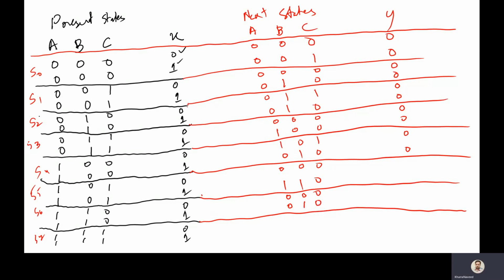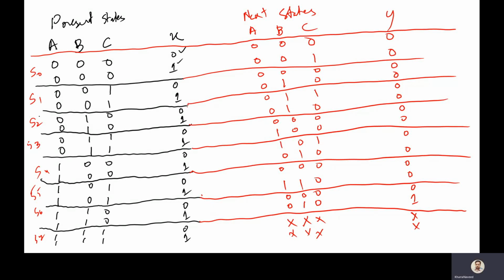And in case of S7, this is an unused state, so it doesn't matter what is at the output. So we say we don't care about it. We can use this state as a don't care condition. Here output is 0, but in this particular case, output is 1, and here we do not care what the output is, right?